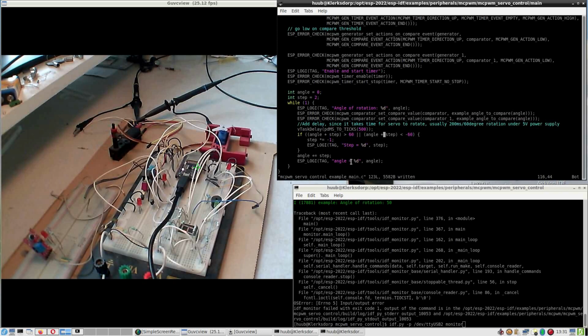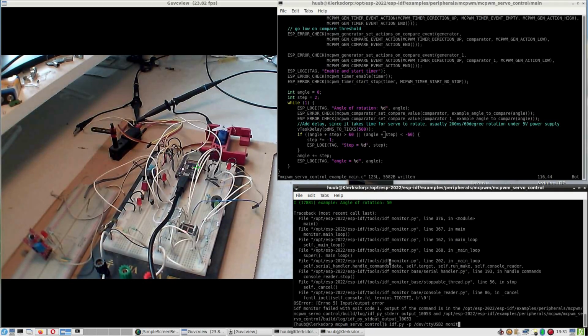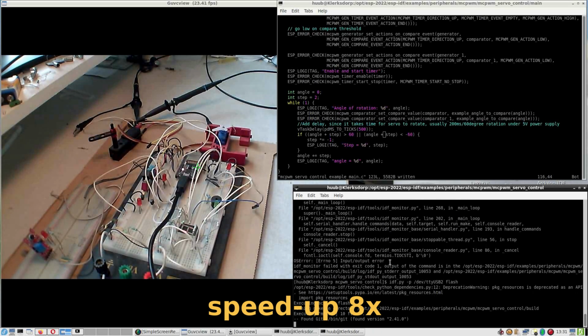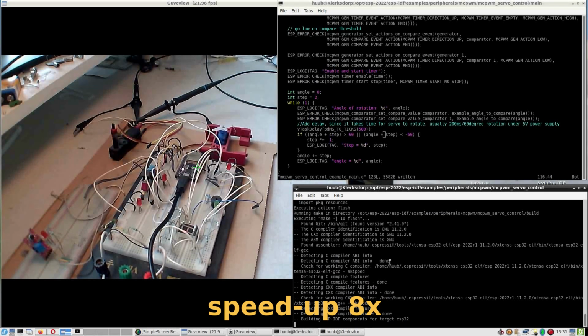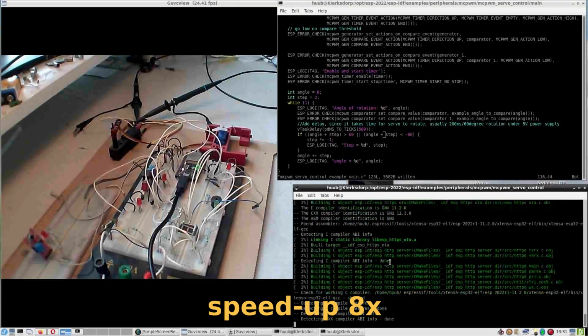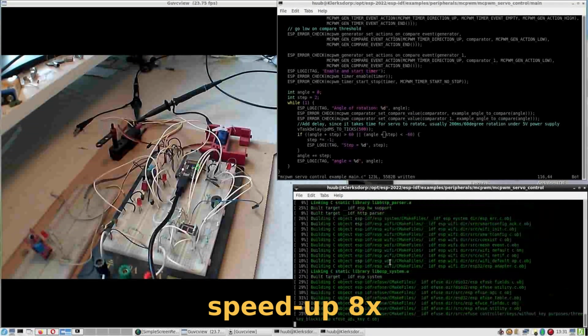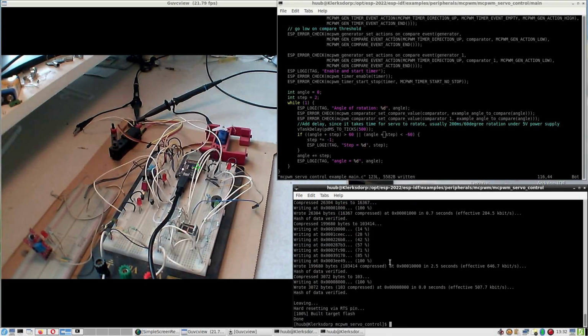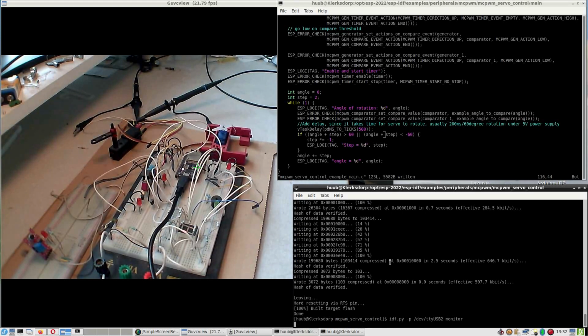So now I can maybe get an idea of what the values really are. And for that, I'm going to flash. All right, flashed. And next thing, monitor.